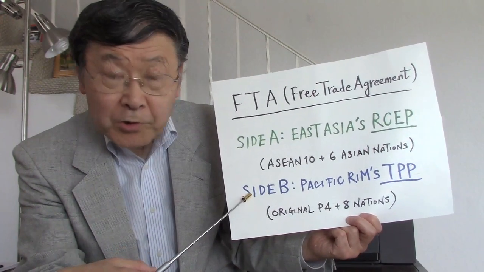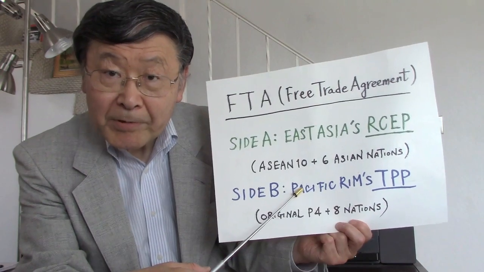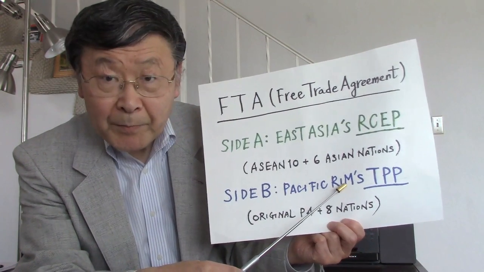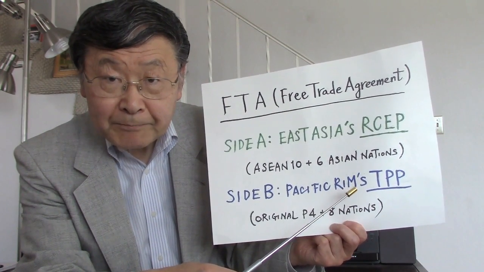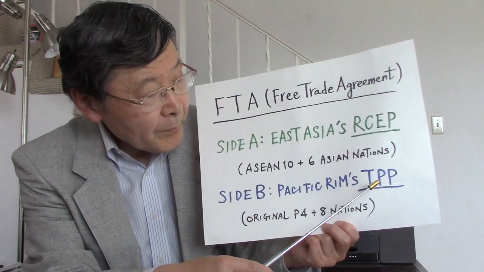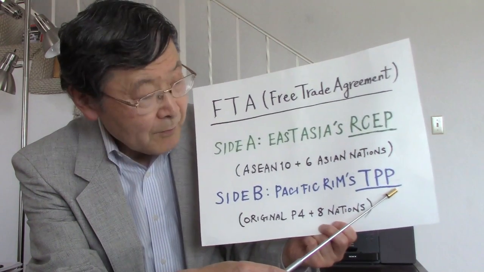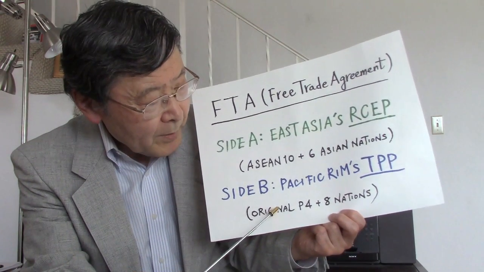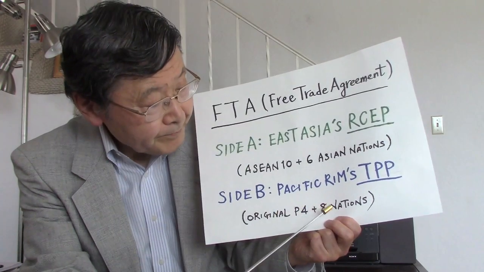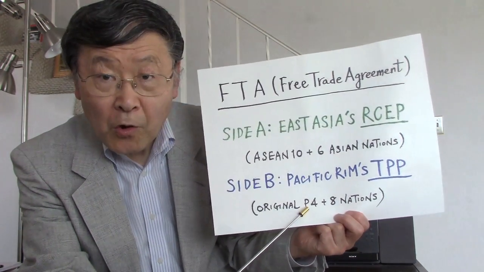The alternative approach is the so-called Pacific Rim approach, represented by TPP, Trans-Pacific Partnership, which includes 12 nations that originated in the so-called P4 arrangements.